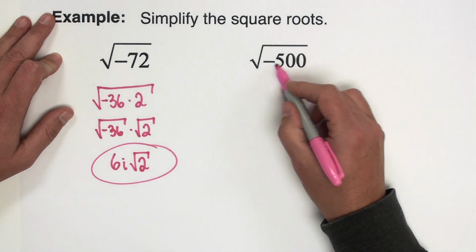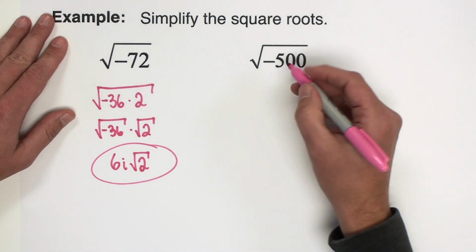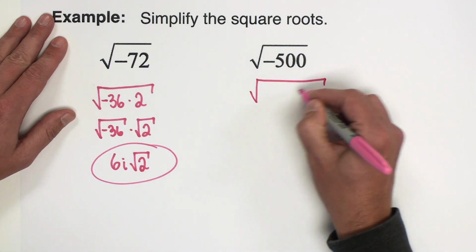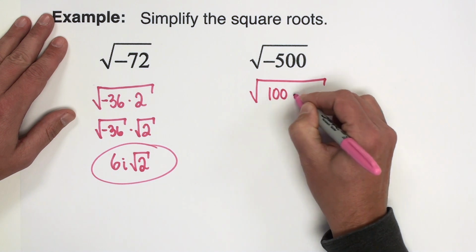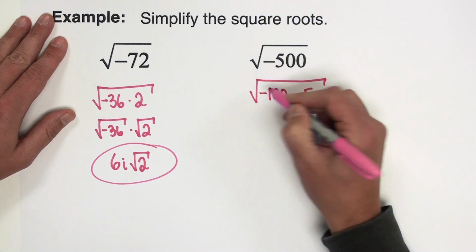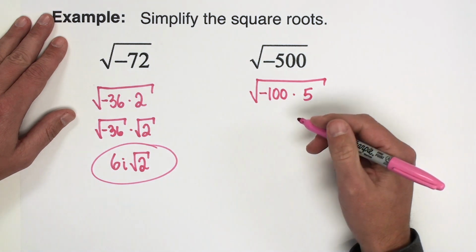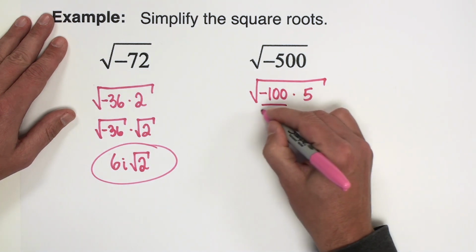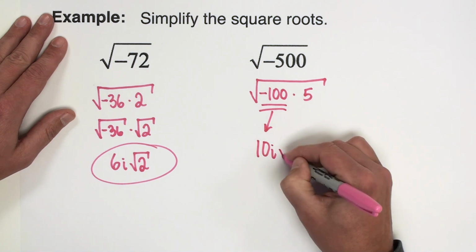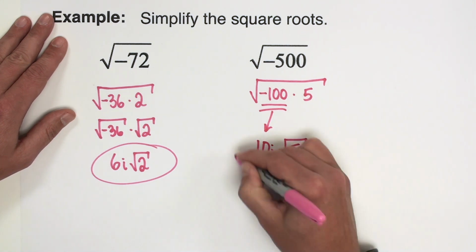Next one, we've got the square root of -500. So 500 would be 100 times 5. I'm going to put the negative on the 100 because that's the perfect square. The square root of -100 becomes 10i. I'm going to leave my square root of 5.